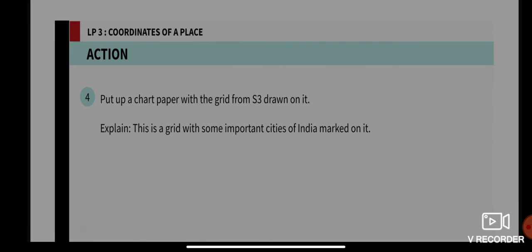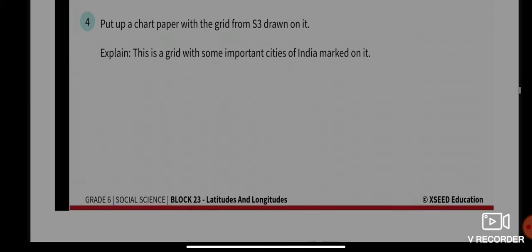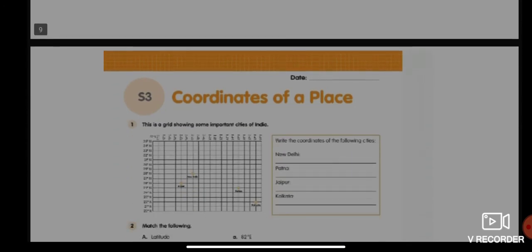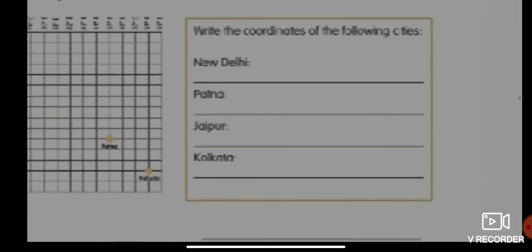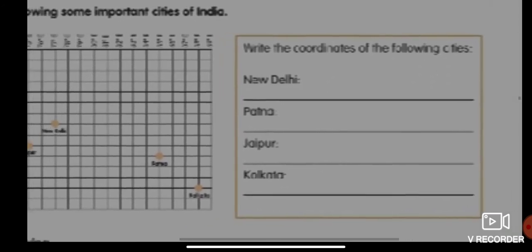This grid has some important cities of India marked on it. There is a grid in S3 that marks the important cities of India. From there I want all of you to write the coordinates of the following cities: New Delhi, Patna, Jaipur, Kolkata.